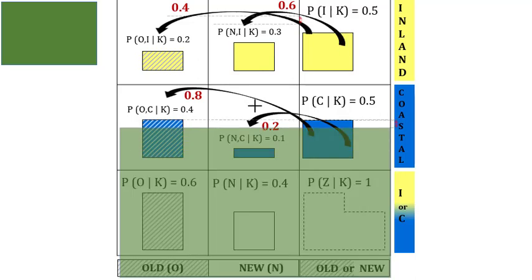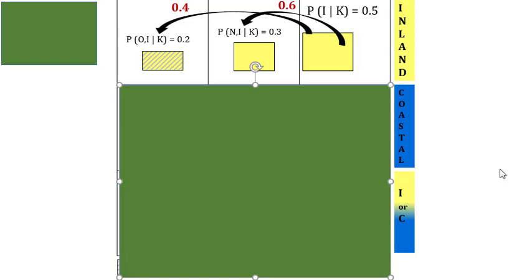Now I'm going to hide this as well, and we are going to consider conditional probabilities. We are conditioning on the drone having landed in an inland region. So it landed in a yellow area, which is an inland area, and these two probabilities in red are the conditional probabilities.